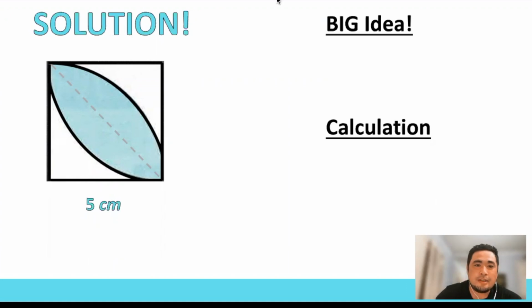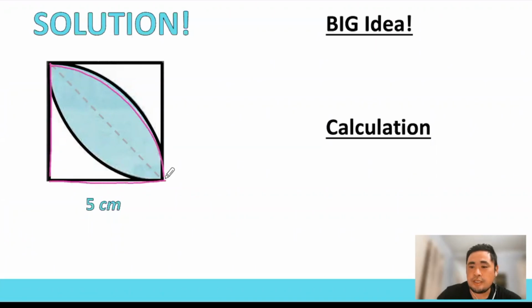So based on the previous problem, we now know that this pink region, once again, is a part of the circle, and it is 1/4 of it.